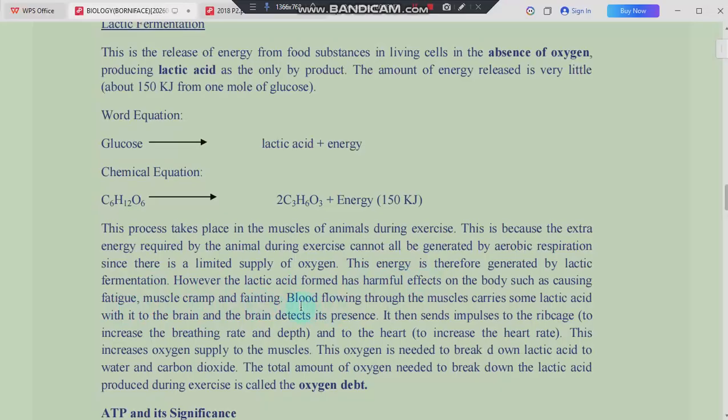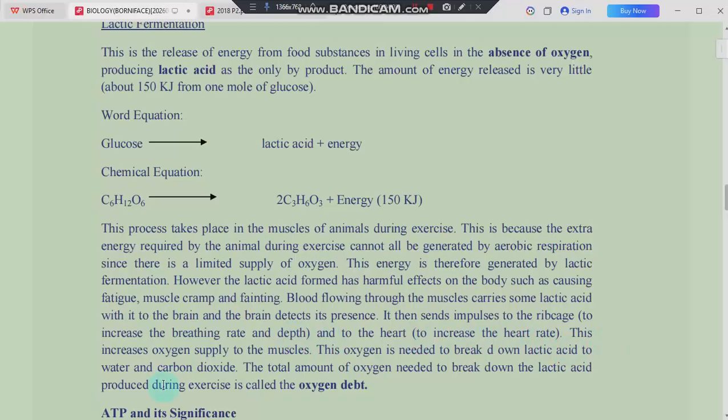Then, blood flowing through the muscles carries some lactic acid to the brain, and the brain detects its presence. It then sends impulses to the rib cage to increase the breathing rate and depth, and to the heart to increase the heart rate.